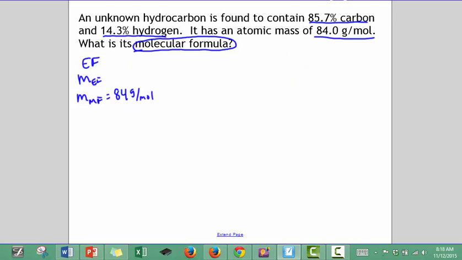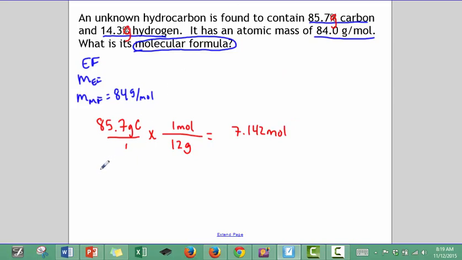So we go back to our empirical formula. Remember that we assume a 100 gram sample, so we can change our percents to grams. And with grams, we need to convert to moles. So 85.7 grams of carbon, we convert to moles, and that gives me 7.142 moles for carbon.